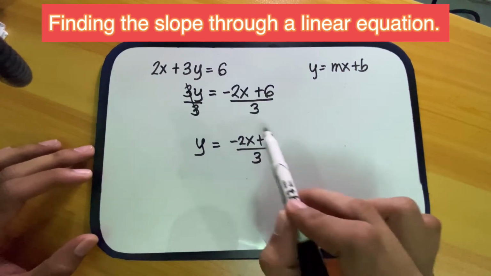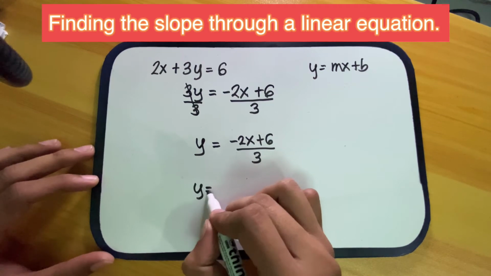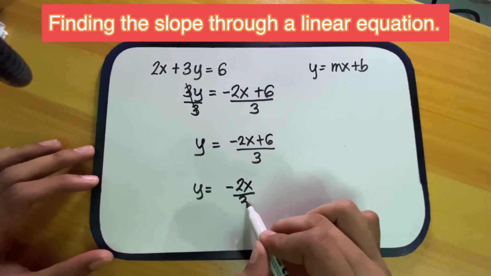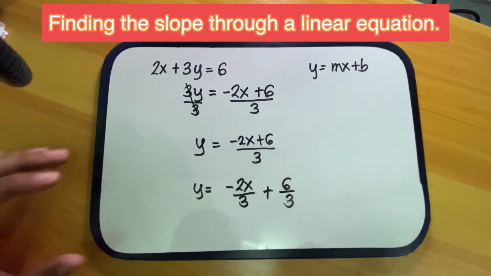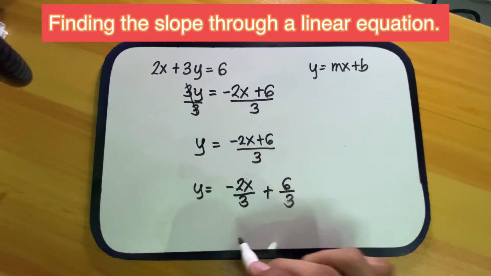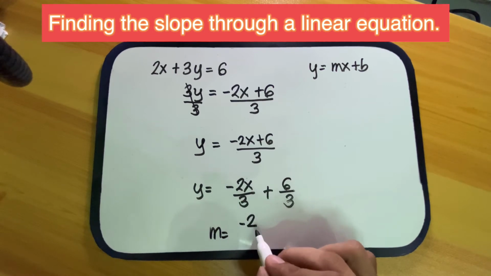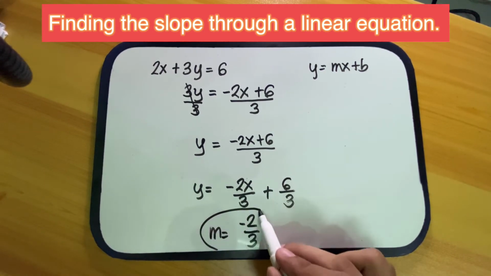Then we can separate these fractions. So this becomes y is equal to negative 2x over 3 plus 6 over 3. Our goal is to find the slope. So the slope here is m equals negative 2/3. This is our slope.